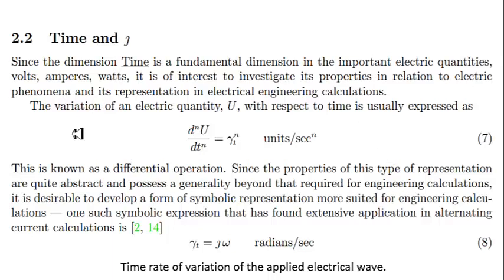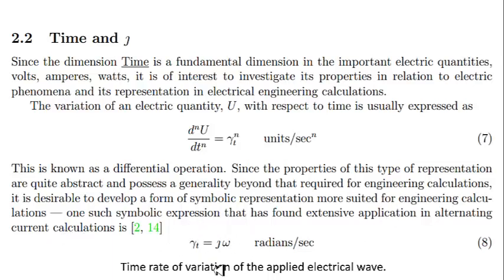And so the variation of an electric quantity U with respect to time is expressed like this in calculus. And so basically he goes on to say that the symbolic language is not very useful to electrical engineers. Electrical engineers want to do calculations, and he's saying that one such symbolic expression that has found extensive application, it's useful in describing alternating currents, is this function here.